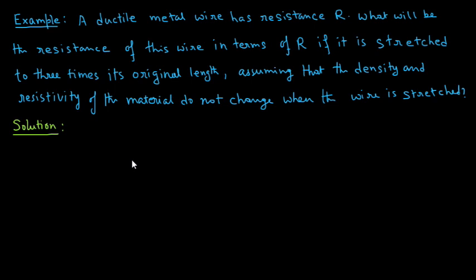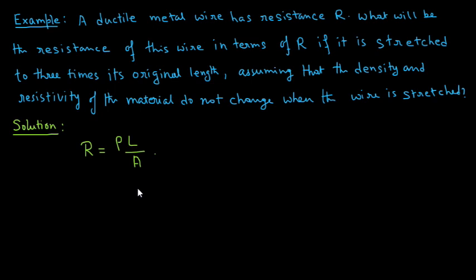So we can write resistance R is equal to rho L by A. This we have learned in the concept.